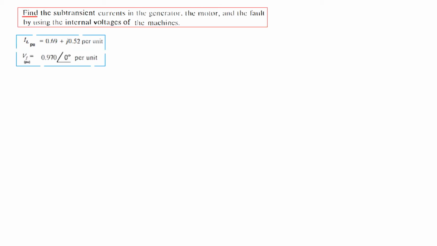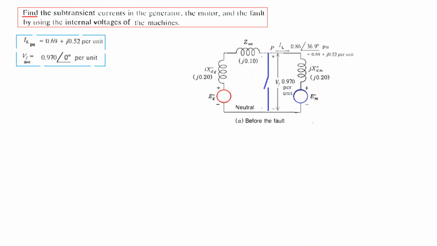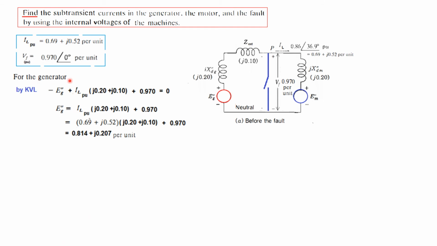Okay, so we had found the load current and the Vf in per unit. And we have to keep in mind that we need to find the subtransient currents of the generator, motor and the fault current. So this was the circuit. Now we need to find these two voltages, and for that for the generator we'll use KVL.